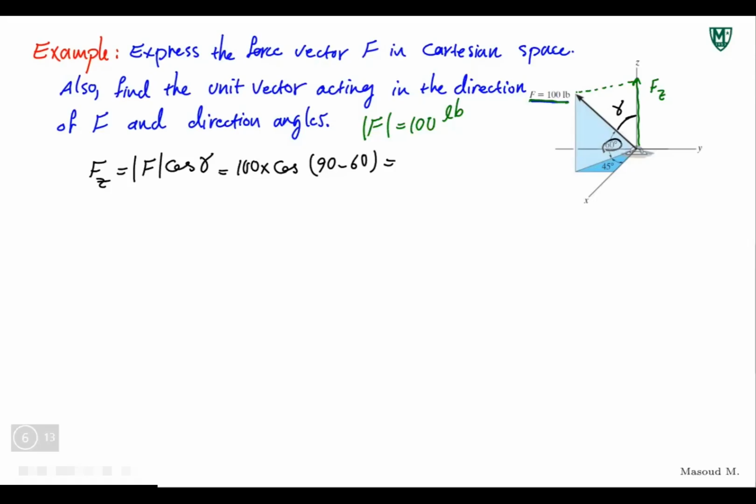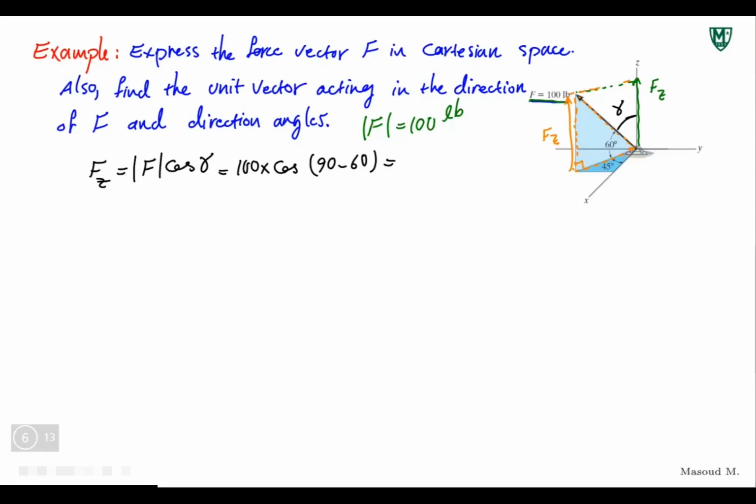The other way of doing this is to take a look at this triangle. This is FZ, along these two lines. I know this is 60 degrees, and this is a right triangle.